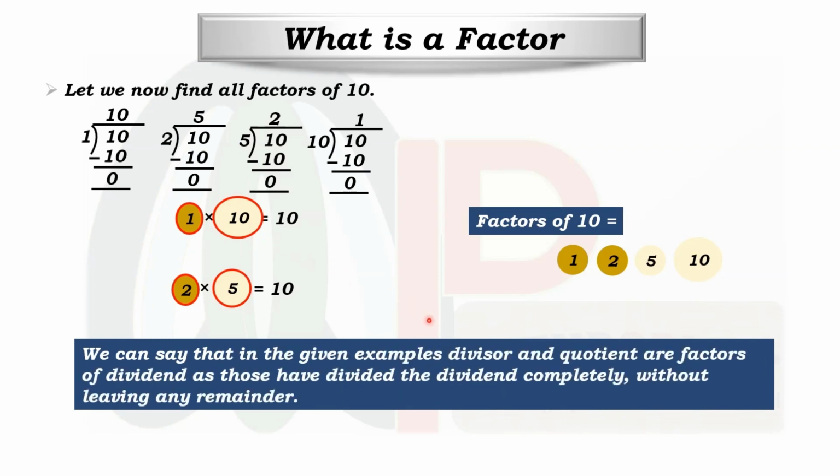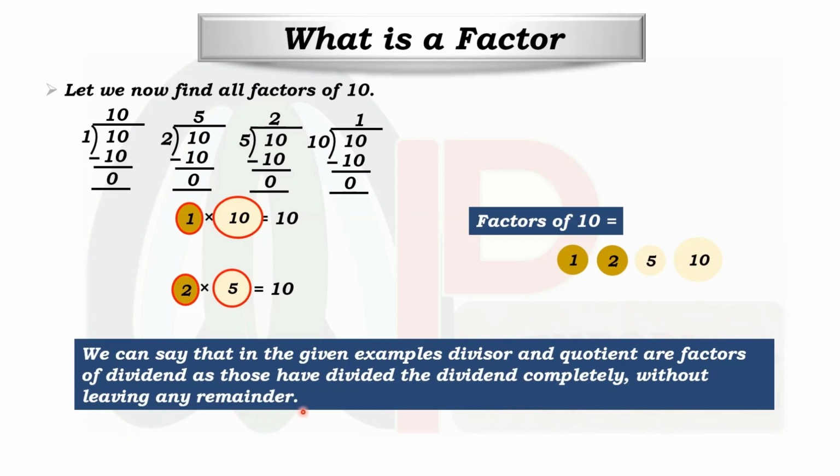We can say that, in the given examples, divisor and quotient are factors of dividend, as those have divided the dividend completely, without leaving any remainder. You must remember that divisor is the number with whom we divide any other number that is dividend.